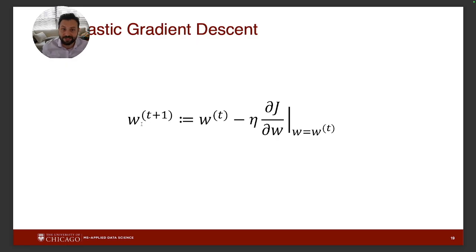So W^(t+1), the next weight value, which is guaranteed to be lower in cost than the one that you started with, is the one that you were on minus some step size, nu, times the derivative there. So that's stochastic gradient descent.